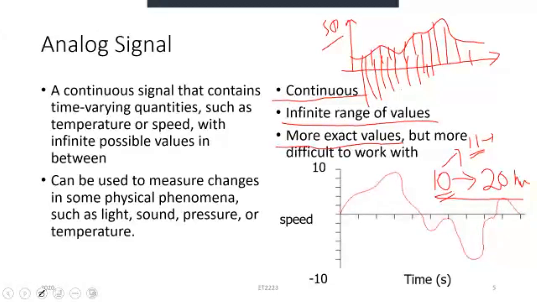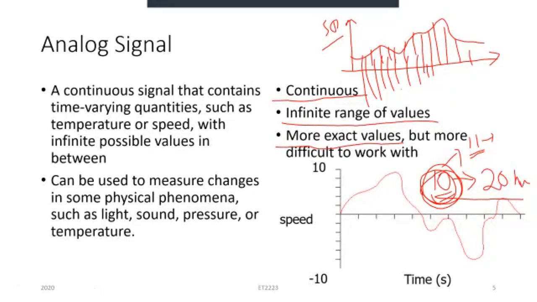So even if we think about the speedometer of a vehicle, say it is a digital speedometer displaying the speed as a digit, it is going to approximate that to the nearest full number and display that.